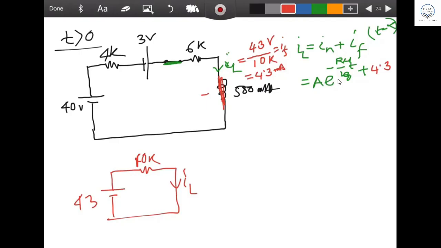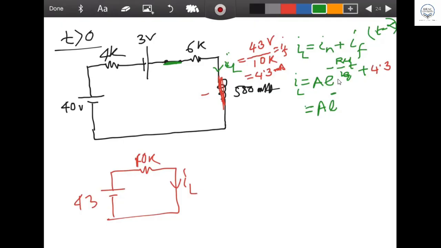Now you got this value, and IL equals that. Now you have to find A, and for E you go for e to the minus R by L. R equals what? R equivalent.